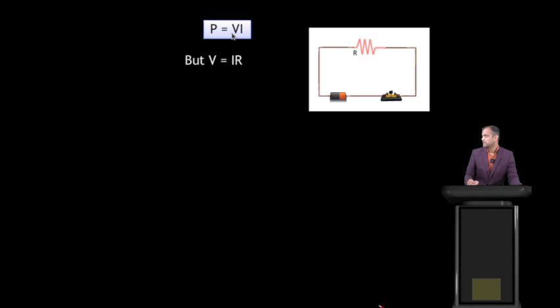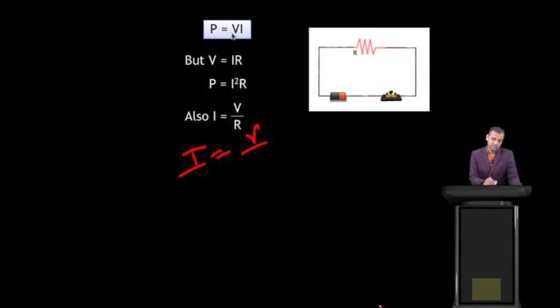Now again, by Ohm's law we know that V equals I R, where R is resistance. So we can put the formula V equals I R in the formula of power. So here P equals I square into R. Again we can change it: I equals V over R. Put this in again.